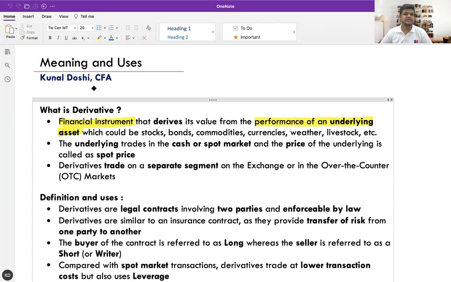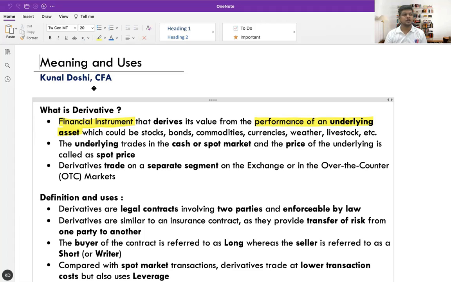The underlying asset. Now, let's take up an example, okay? For example, a wooden chair is made up of wood, right? So if the prices of wood change, will the price of the wooden chair remain the same? No, it will change, right? So can I say the price of the wooden chair is derived from an underlying asset which is called wood?